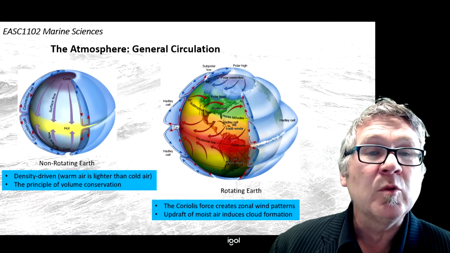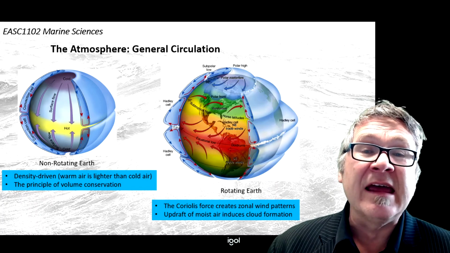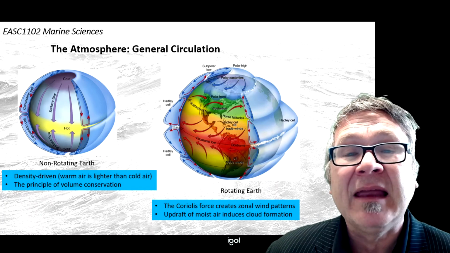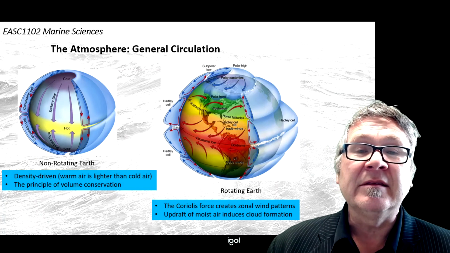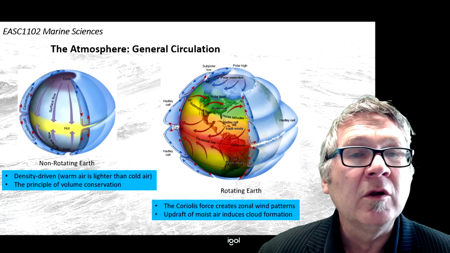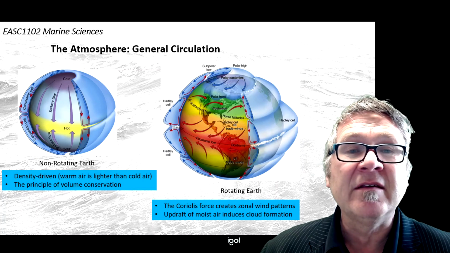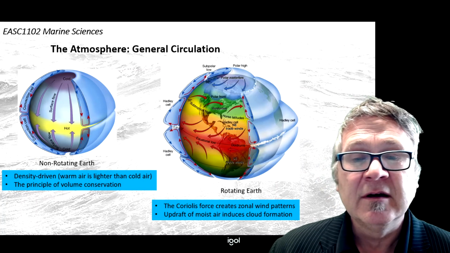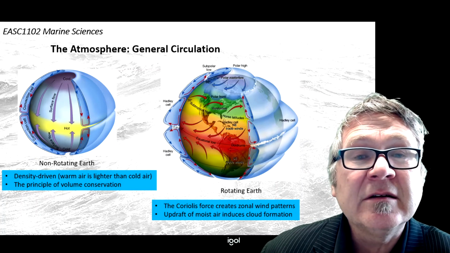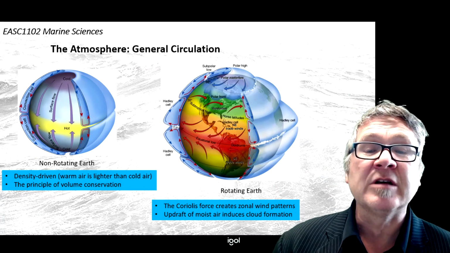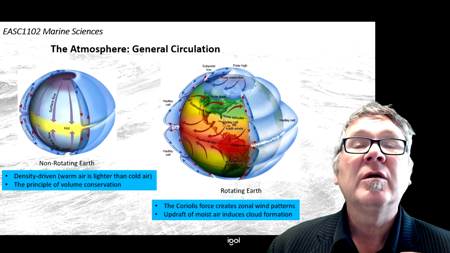These are the winds that move air towards the equator, but mainly along the equator from east to west. This type of wind direction we call easterlies, from east to west. And then there are winds which come from the west and blow to the east, which are called the westerlies.